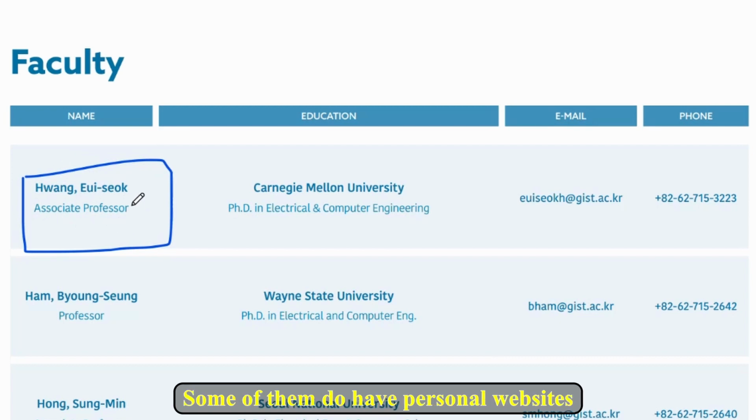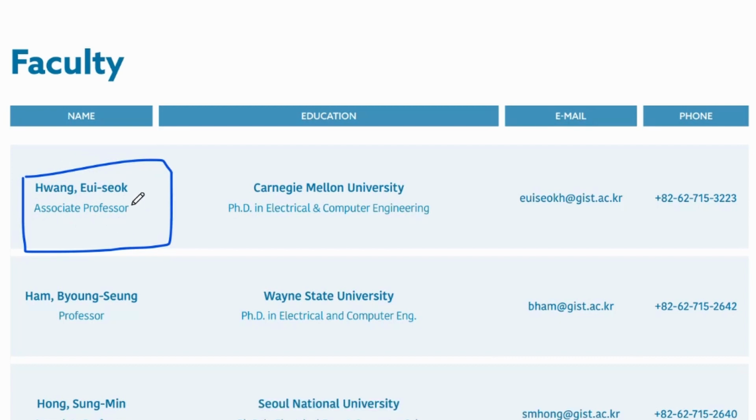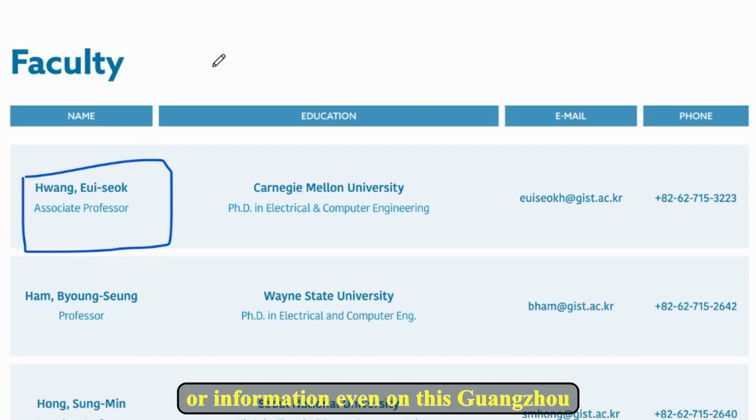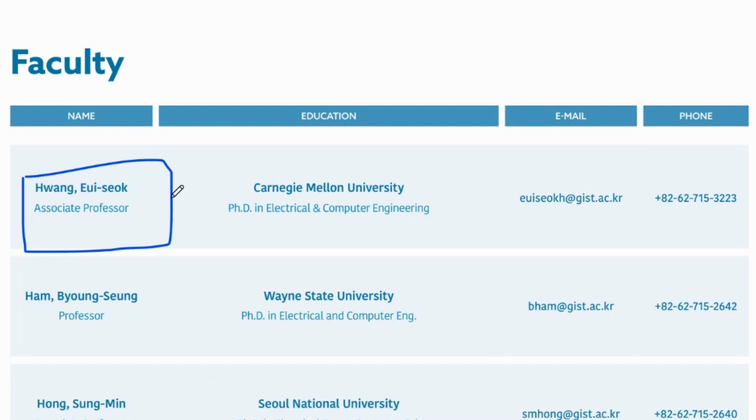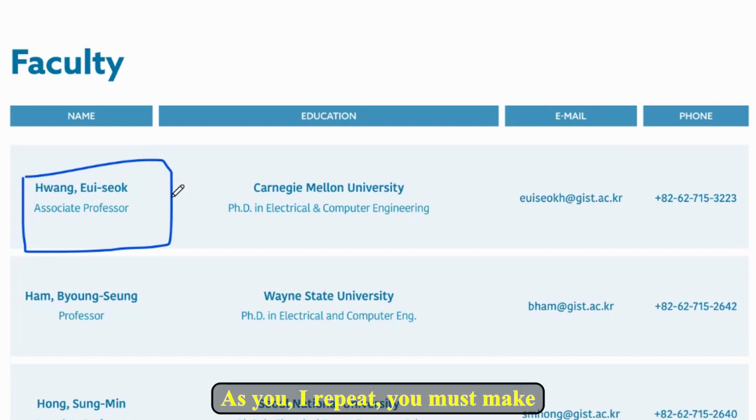Some of them do have personal websites or information even on this Gwangju Institute of Science and Technology website, where you can see their past publications and then read about them. You must make sure you are writing the name of a professor who is in the same area of research interest as you. I repeat, you must make sure you input the name of a professor who is in the same area of research interest like you.